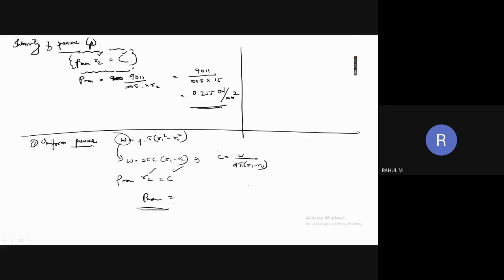If you are asked to find the minimum pressure, you can use P minimum into R1 is equal to C, so P minimum is C by R1. That's it. That completes your first problem.